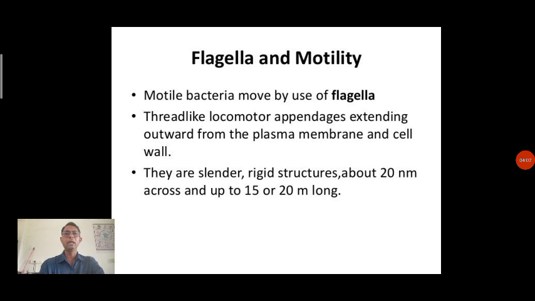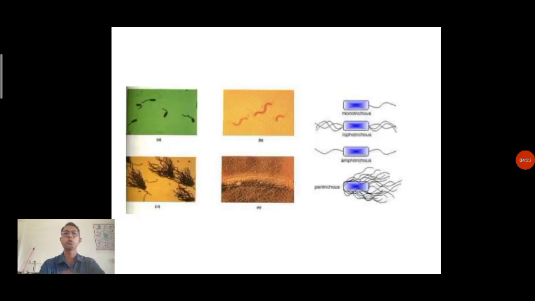Now, these flagella are made up of different components. For example, flagellin is one of the most important chemical structures in the flagella, and it forms a slender, rigid structure that helps bacteria move from one place to another.